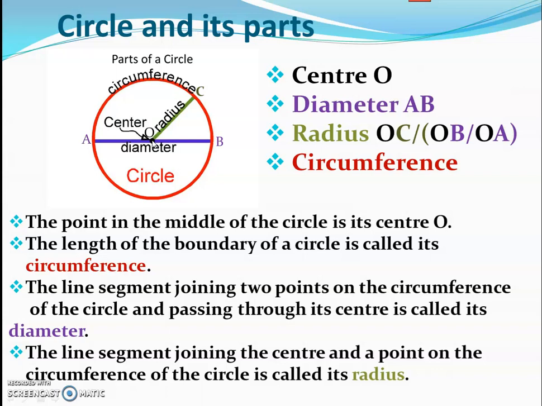That remains the same from the starting point, tracing towards the edge using the pencil. When you come back to the starting point, making one full round, the radius remains the same. We don't change the radius.